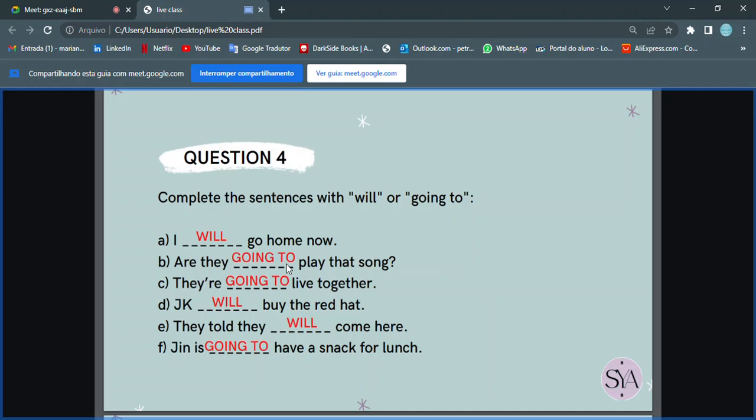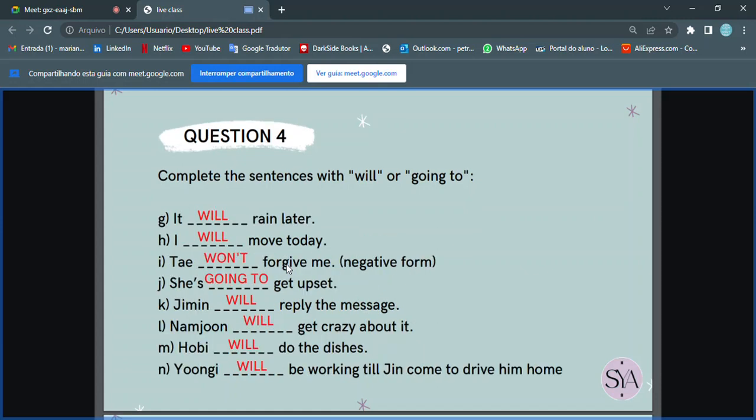So the sentences are: I will go home now. Are they going to play the song? They are going to live together. JK will buy the red hat. They told they will come here. Jean is going to have a snack for lunch. It will rain later. I will move today. They won't forgive me, because in this case we have the negative form.